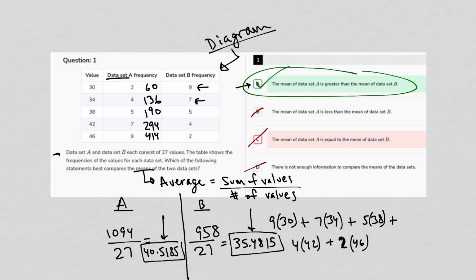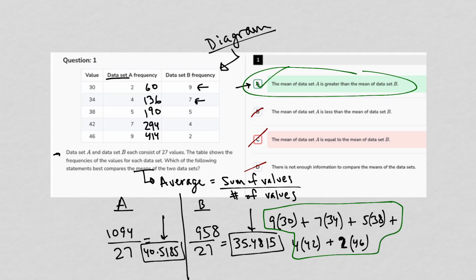So the trick here is some of us are not so used to finding the mean or the range or the mode or really any of those types of values when we have data set up in a frequency table. So just keep in mind, this is the way to think about it.